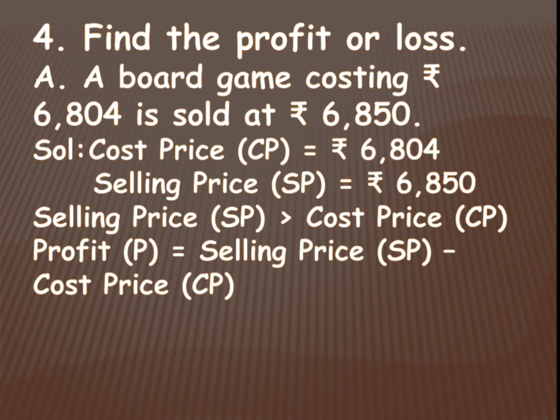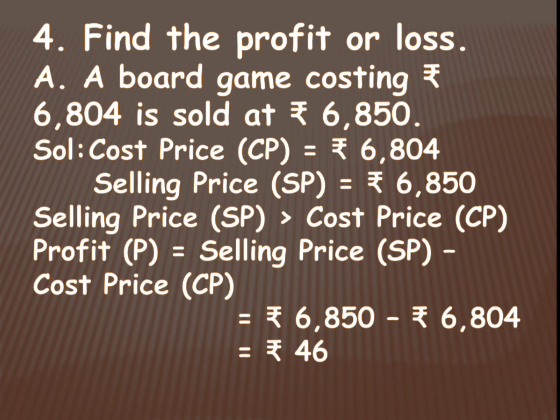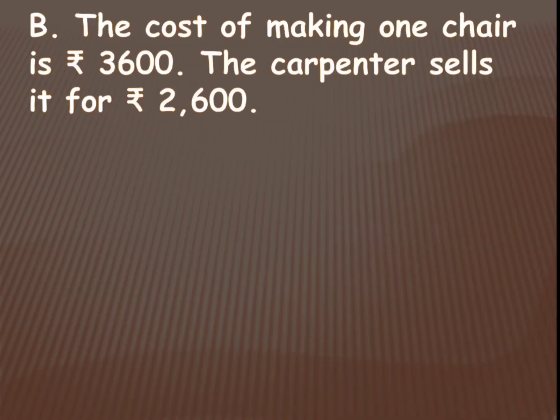So what is the selling price? 6,850 minus 6,804, which gives us how many rupees children? 46 rupees, sorry, 46 rupees. So how much profit they got? 46 rupees. So therefore the profit is equal to 46 rupees. Okay children, so in this way you need to find the sum. Okay, let's see another one.